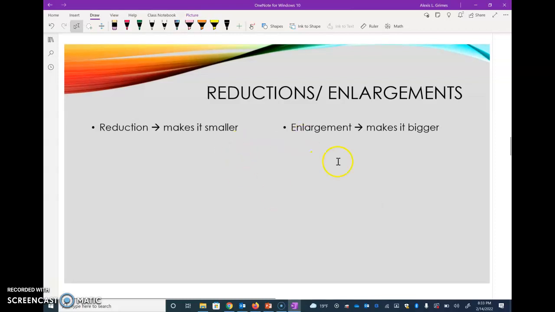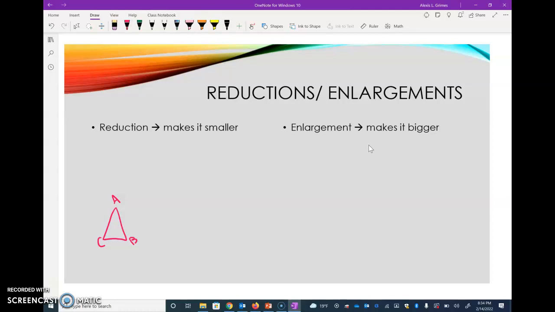So next we're going to talk about reductions and enlargements. A reduction, make sure you have these in your notes. Reduction makes it smaller, and an enlargement makes it bigger. So if we have our original triangle over here, A, B, C, we can make that way bigger or way smaller.